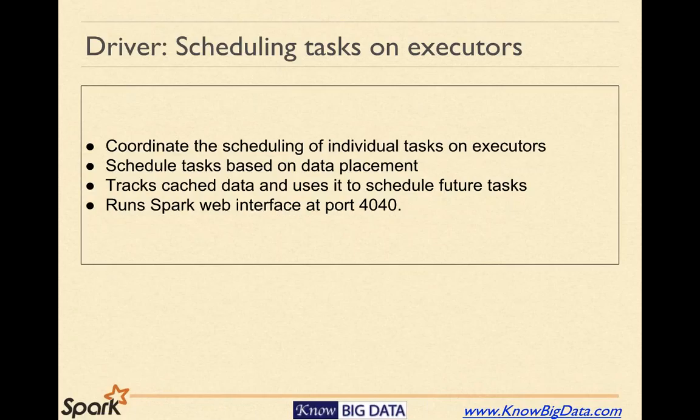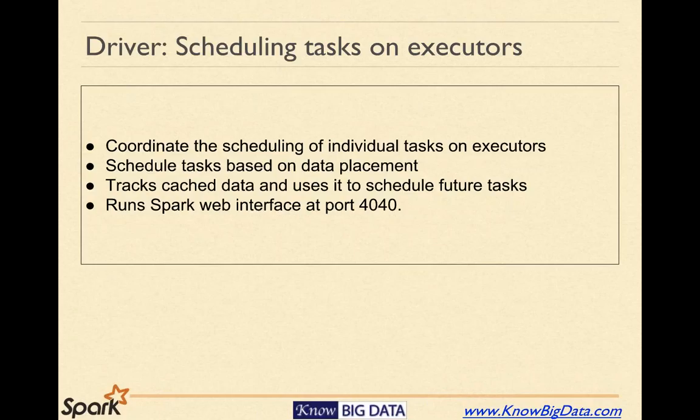First, coordinates the scheduling of individual tasks on executors. Second, schedule tasks based on data placement. Okay, mainly if the data is closer to some workers. So first of all it finds out what are the individual tasks to be executed on the executors, then it finds out the executors near to the data, and then it tracks cached data and uses it to schedule future tasks.